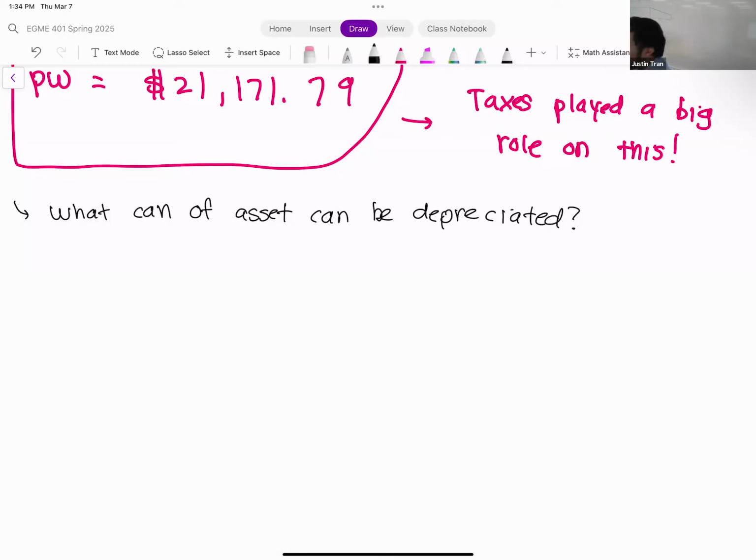So vehicles are a very easy depreciation case because for almost all vehicles, as long as you're using it right, it's going to go down in value, and they're very expensive. All right, but what can be depreciated? Okay, so the first criteria for depreciation is that the asset must be used for business purposes to produce income.